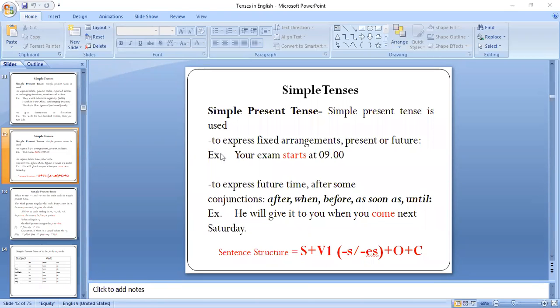So subject plus V1 (s/es) plus object plus complement. This is the structure for simple present tense.